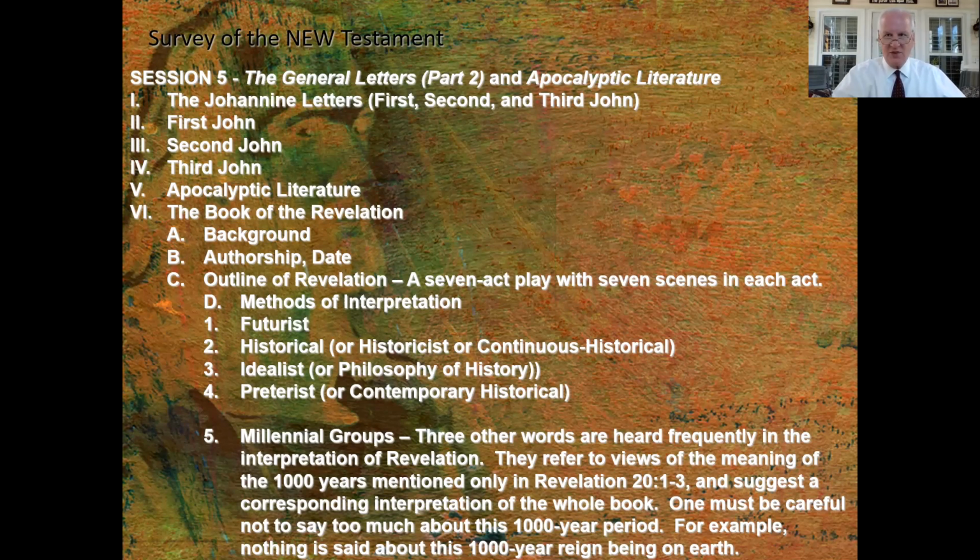So even though the word millennium itself is not used in the New Testament, there is this one section that I just read, only one section that talks about this 1,000 years. Well, out of that one reference to 1,000 years, there's this elaborate system that has been developed of interpreting that 1,000 years.